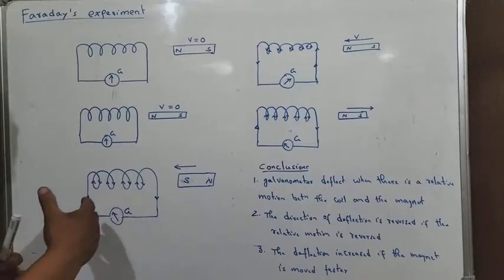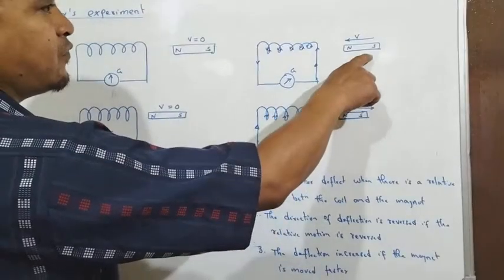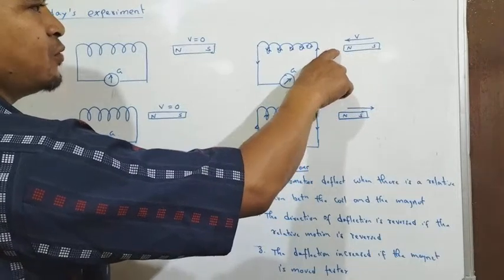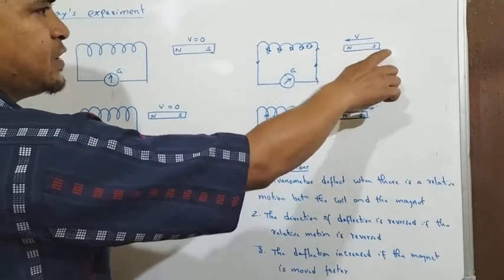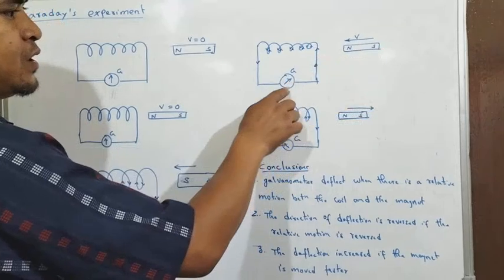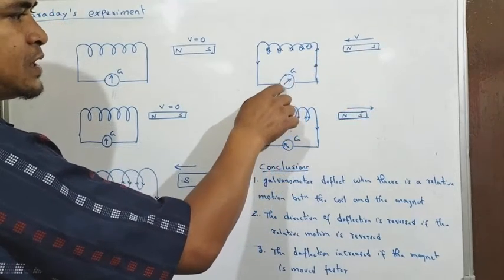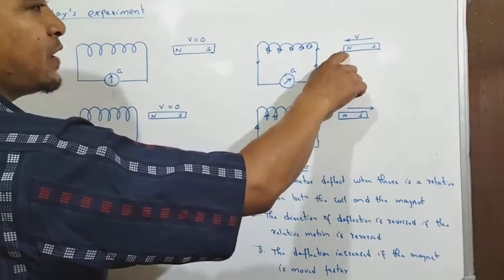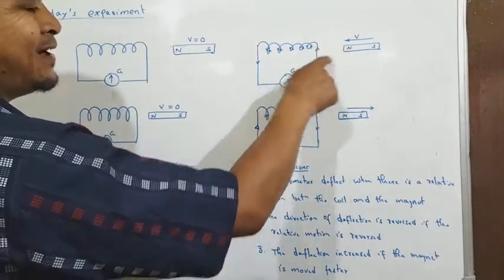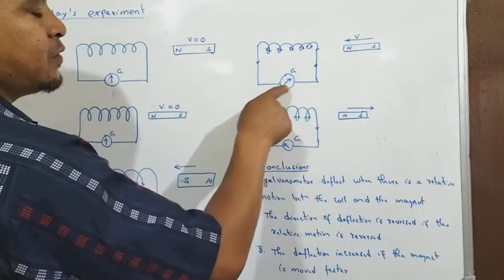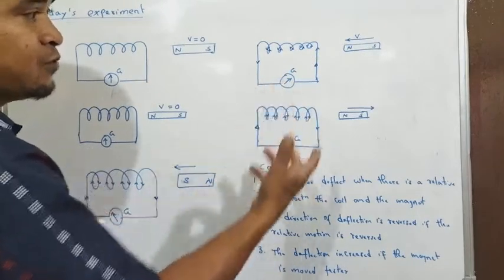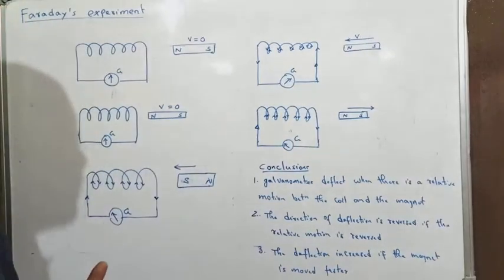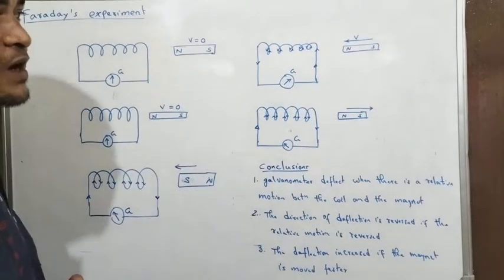But to his surprise, when he moved this magnet with its north pole towards the coil, he found that the galvanometer deflects. This galvanometer is an instrument which is used to detect the presence of current.